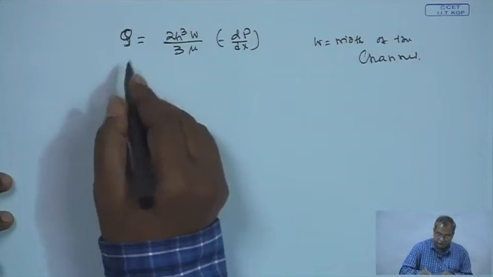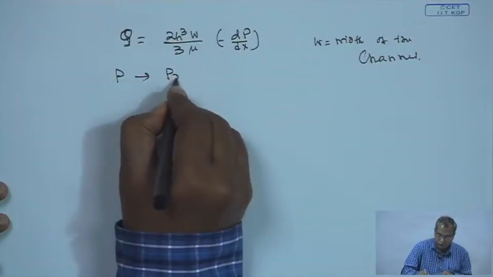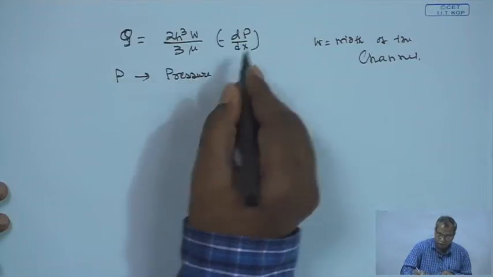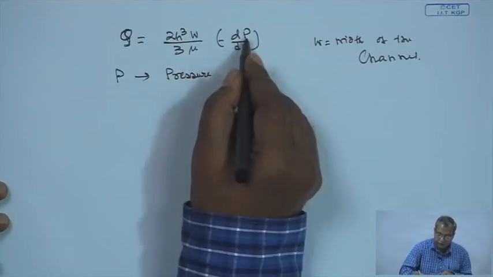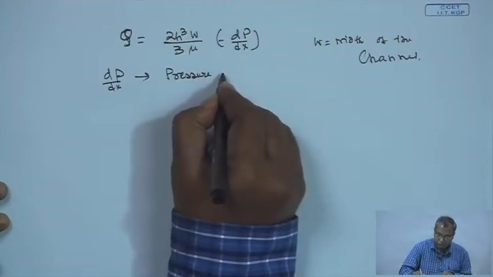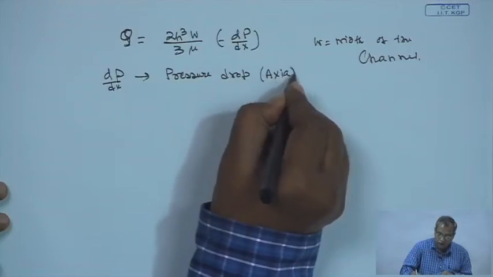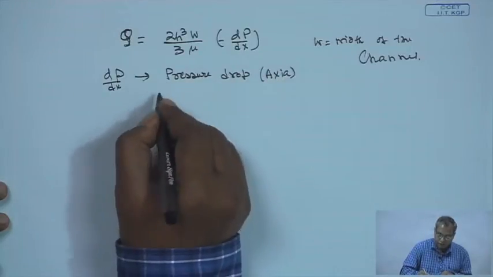Now, what is P? P is the pressure, and this dP dx is the axial pressure drop. So, let us see what is dP dx.